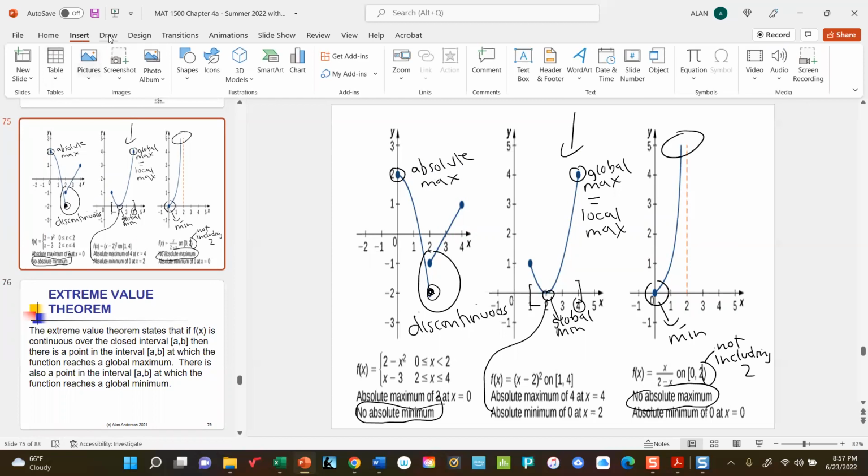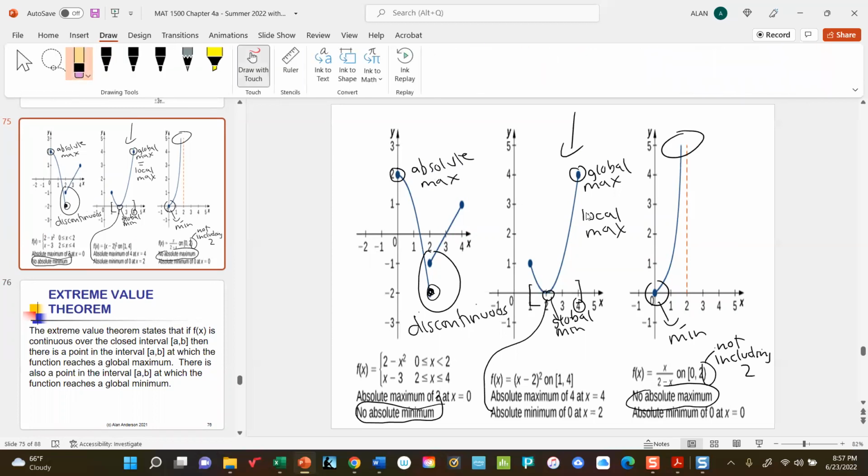Hold on one second. No, it's the other one. This is not a local max, but this one is. Unfortunately, I said that backwards. This one, because it occurs in the interior, in addition to being a global, we define it as a local max as well. Local minimum. It's both. Because it occurs in the interior, if it's a global minimum, it is also a local.